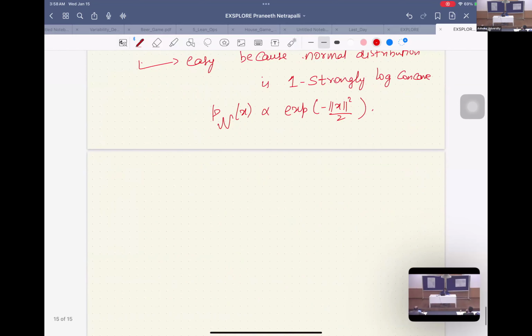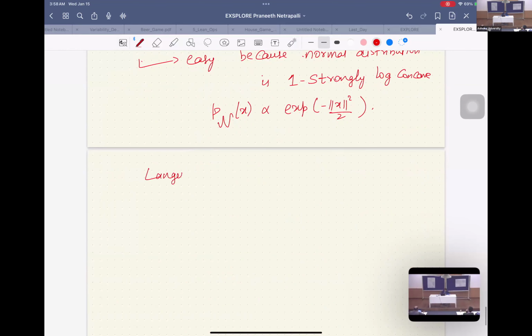In particular, for this, the Langevin equation becomes dXt equals minus Xt dt plus square root 2 dBt. And we know that this converges very fast to the normal distribution.